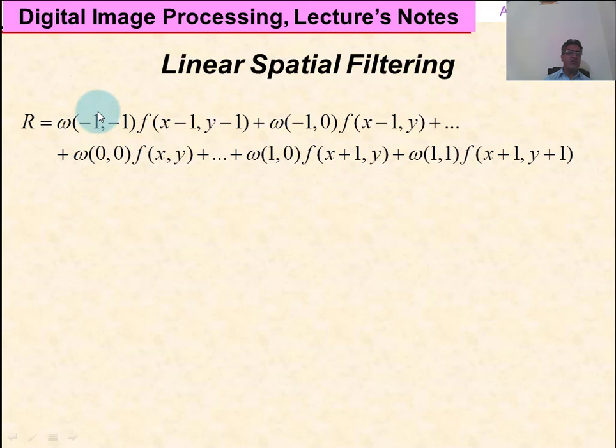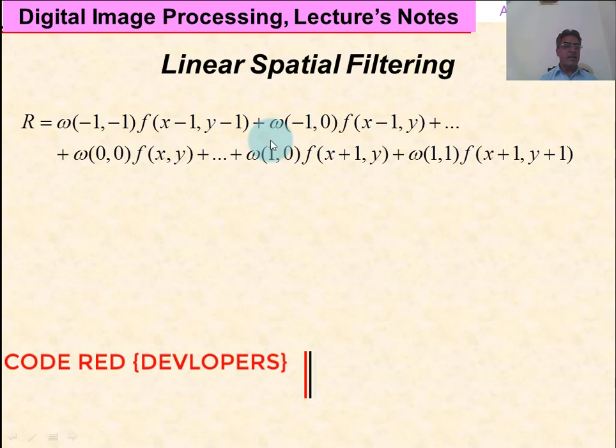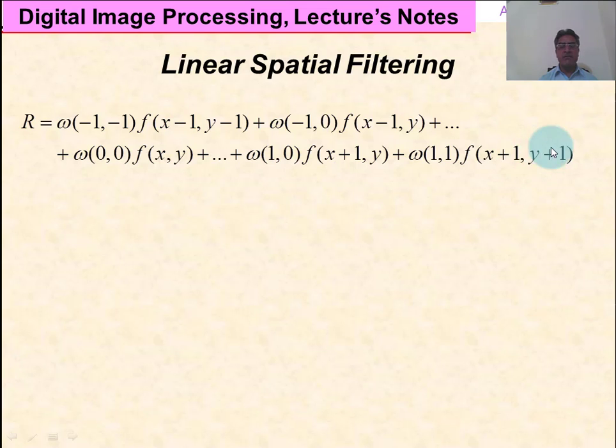The first value of the mask is multiplied with the last value of the corresponding input image pixels, and the second value of the mask will multiply with the second last value of the corresponding input image, and similarly the last value of the mask will multiply with the first value of the input image under the mask, and this is called linear filtering.